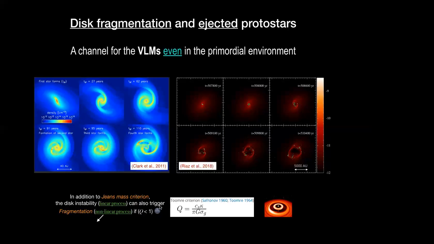But once the fragmentation comes into existence, now this is a non-linear process. Why? Because when the protostars are formed, they start radiating. And this radiation feedback from the protostars is going to affect the disk environment. And now the disk cannot fragment as it was fragmenting originally in the absence of the stellar feedback.